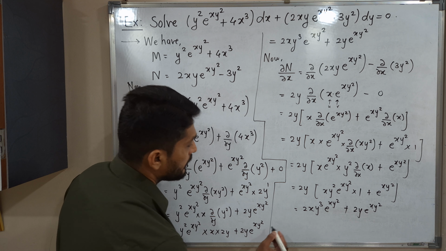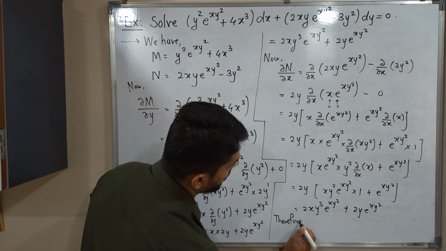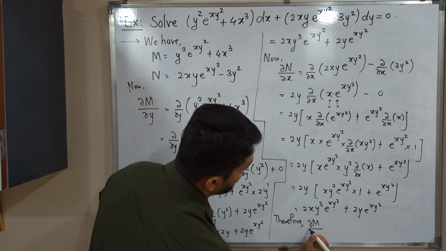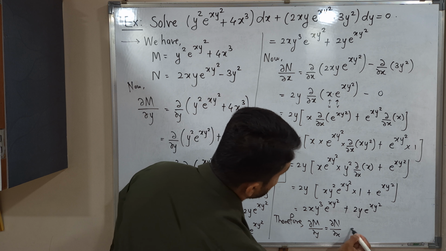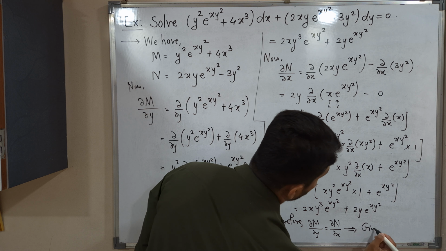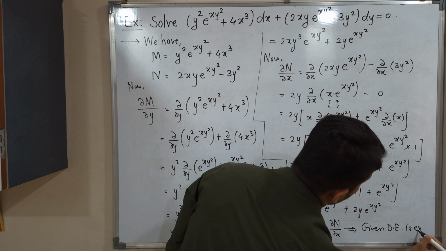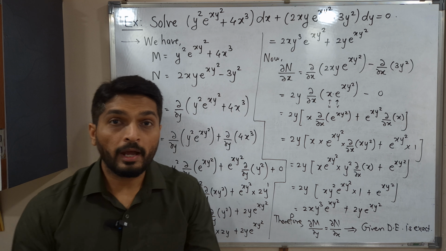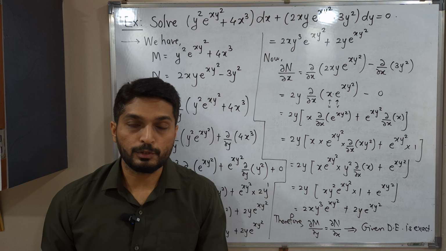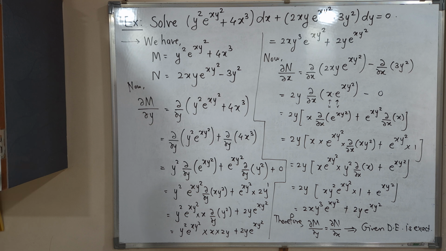So let me clearly mention, therefore, del M by del y is equal to del N by del x. It means the given differential equation is exact. So now we have proved it is an exact differential equation. Now the question is how to solve. Just make a screenshot of it, then we will move further.